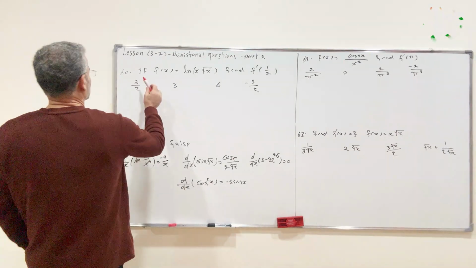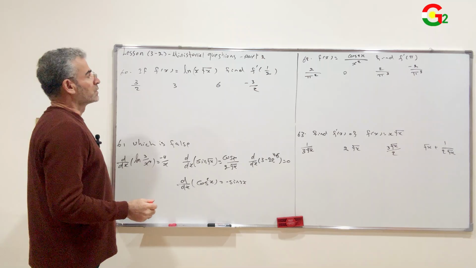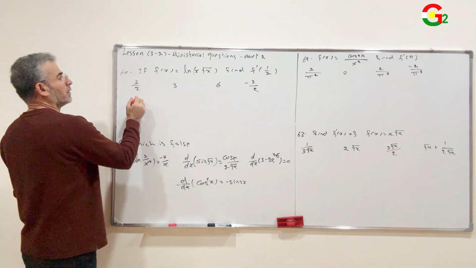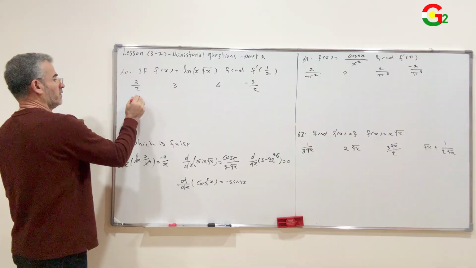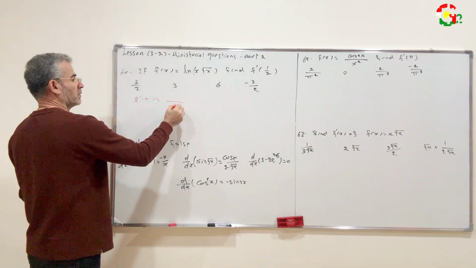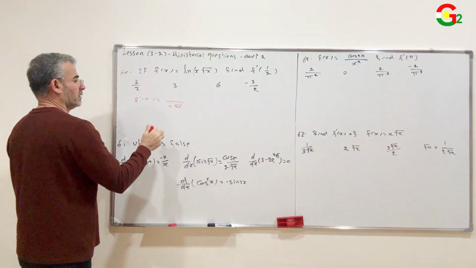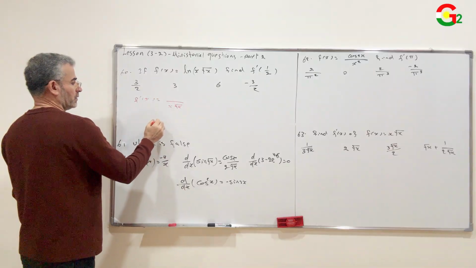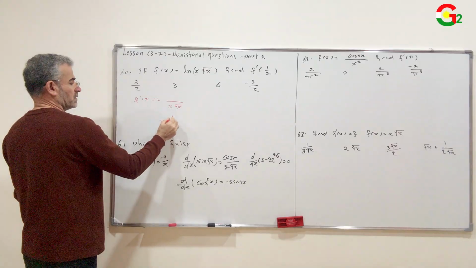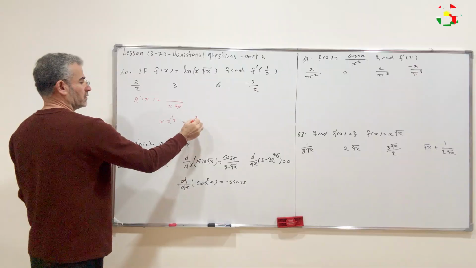Question number 60. If f of x equals ln of x square root x, find f prime of 2. First we find f prime of x equal to the derivative of x square root x in the numerator and x square root x in the denominator. Rewrite x square root x as x times x to the 1/2, equal to x to the 3 over 2.